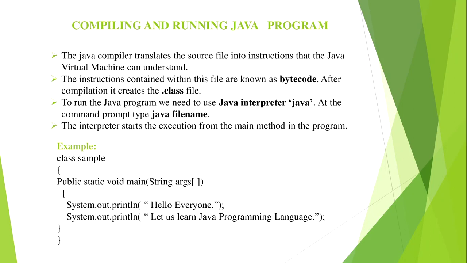After saving this code in the .java file, the next step is to compile this program to create the .class file. After compilation, you execute your program by using the Java interpreter, java, so that your main program will get executed and you will get the output.